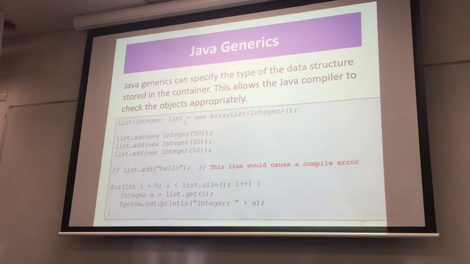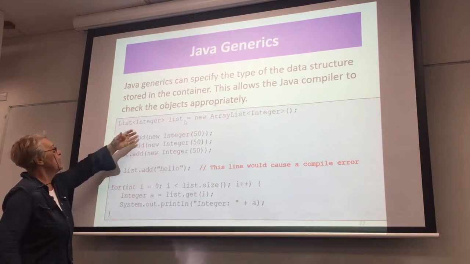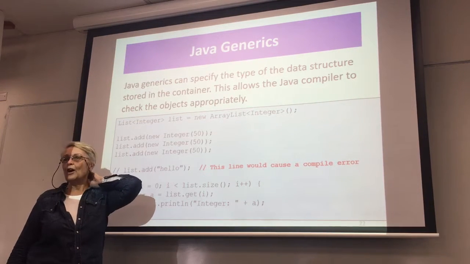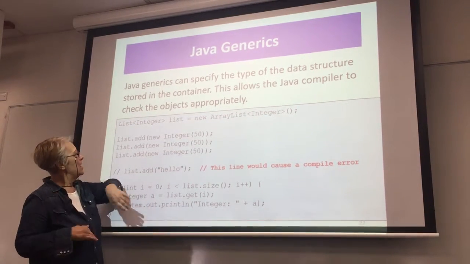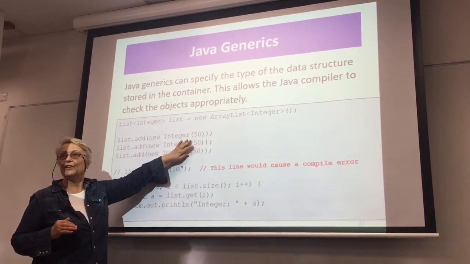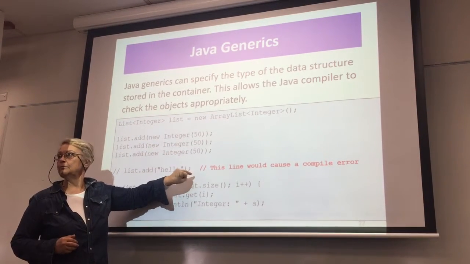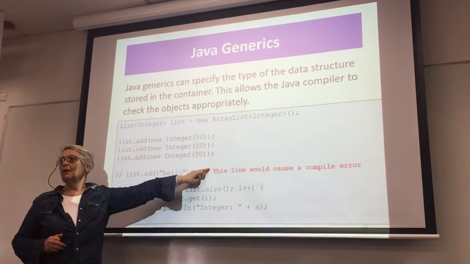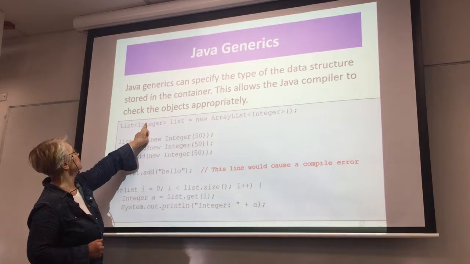When you declare an object of a list, you have to specify the type. And this approach, it's clearer. The compiler detects errors. If I want to do this, I am not allowed because of this.